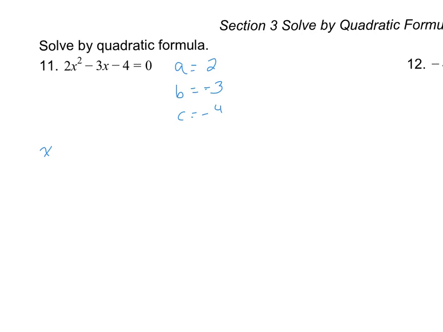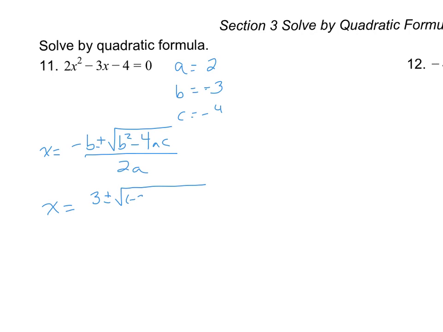So if you recall what the quadratic formula is, negative b plus or minus square root b squared minus 4ac all over 2a. So negative negative 3 is 3, plus or minus the square root of negative 3 squared minus 4 times 2 times negative 4, all over 2 times 2.